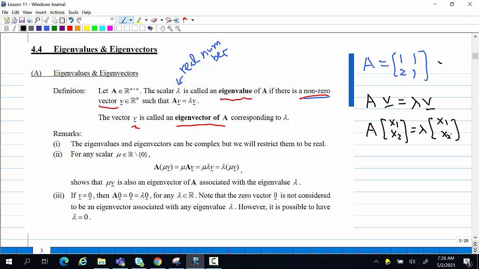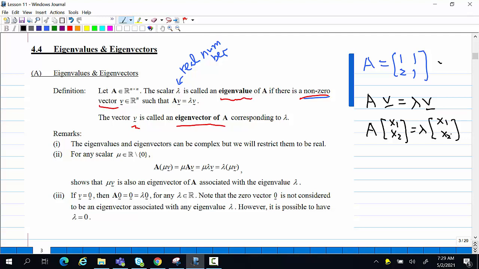For this lesson, in the following examples, we are trying to figure out what lambda is here. Not all the time, the matrix A may not have any lambda, but most of the time we are given a question where you can find lambda.